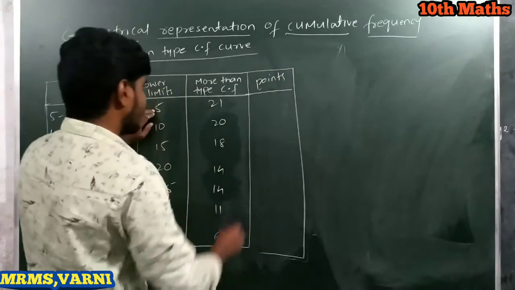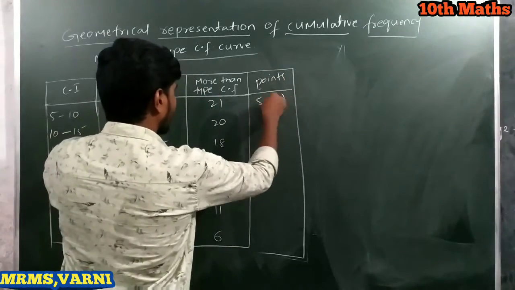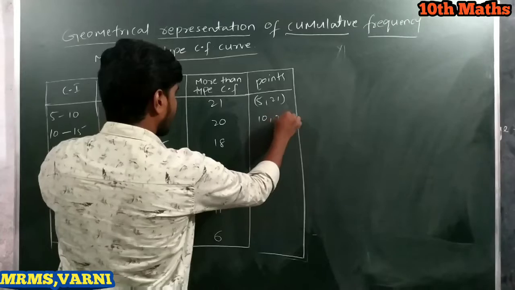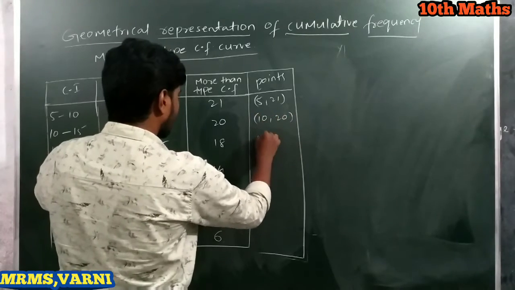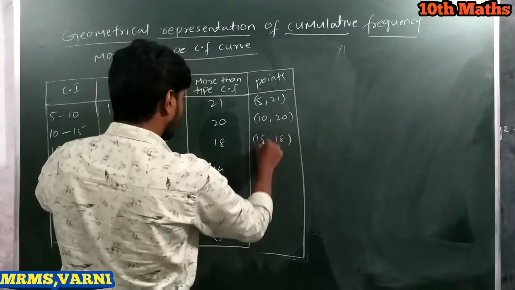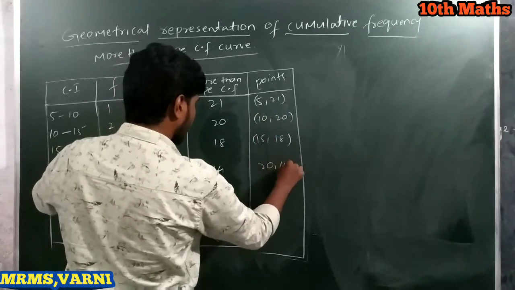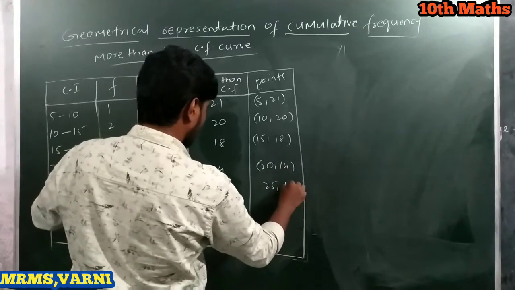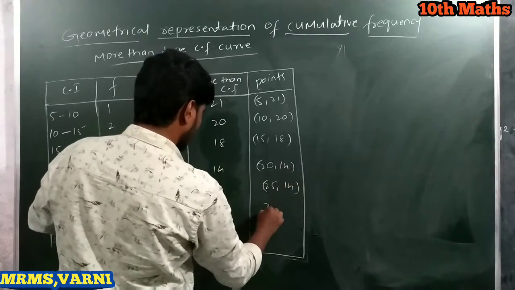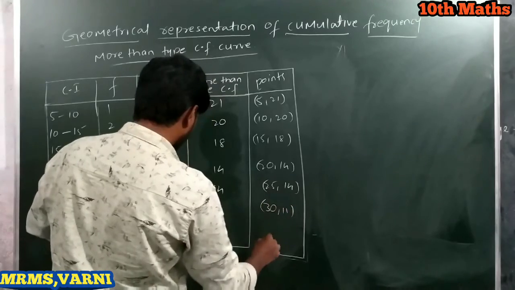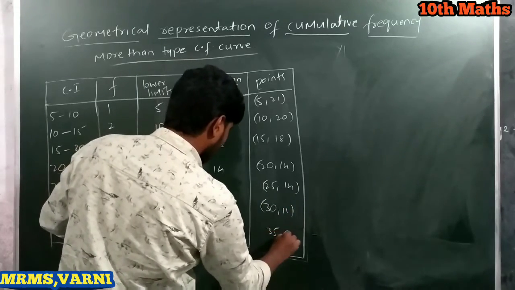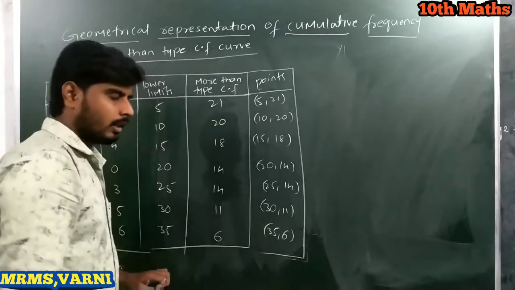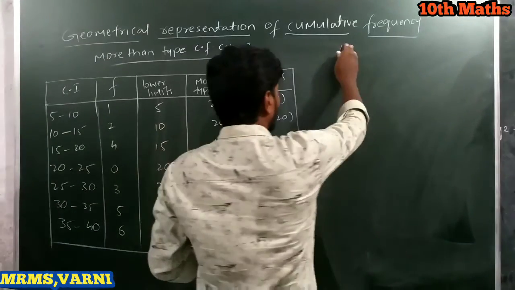On the x-axis 5, 21, 10, 20, 15, 18, 20, 14, 25, 14, 30, 11, 35, 6.